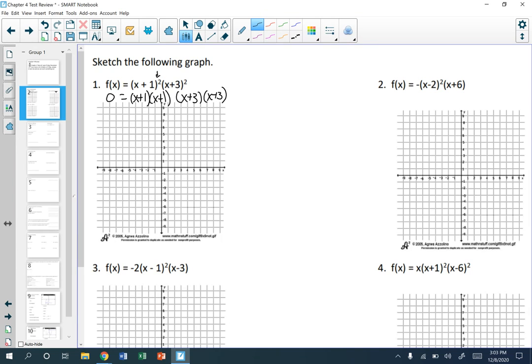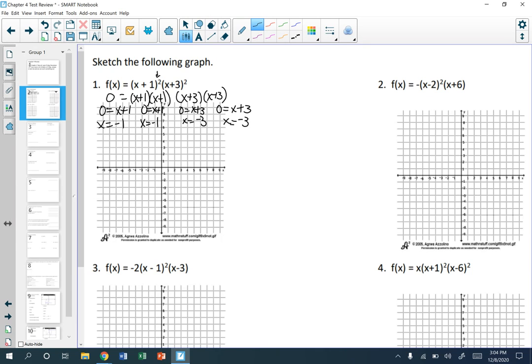Now I set this equal to 0 to find my zeros, setting each term equal to 0. So I have 0 = x + 1, 0 = x + 1, 0 = x + 3, 0 = x + 3. Now solve each of those for x. We get x = -1, x = -1, x = -3, x = -3.